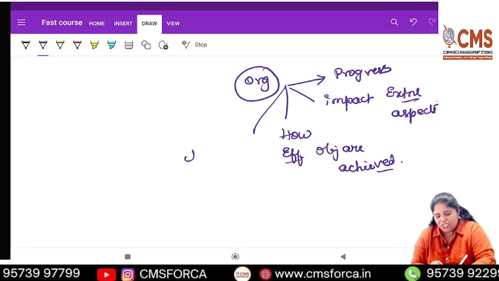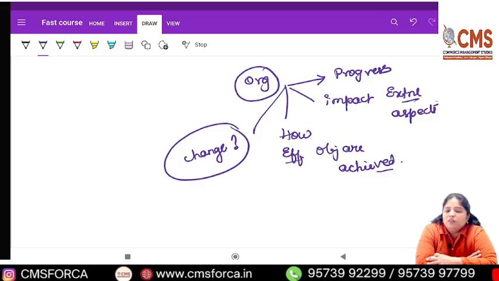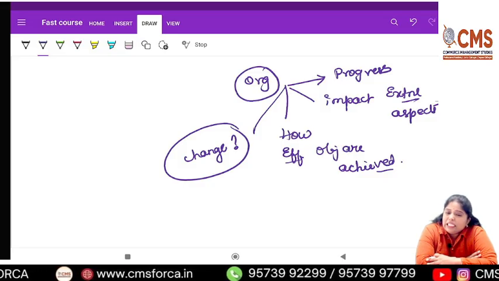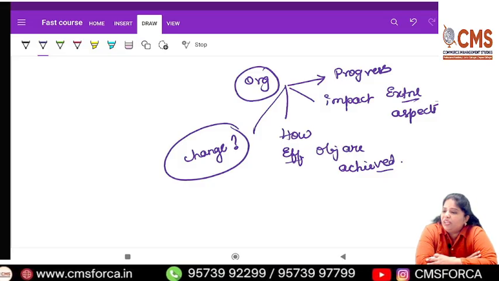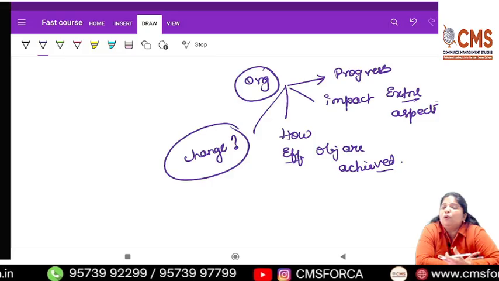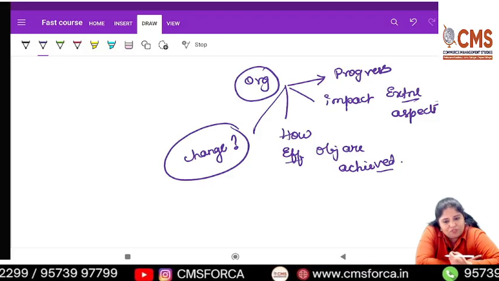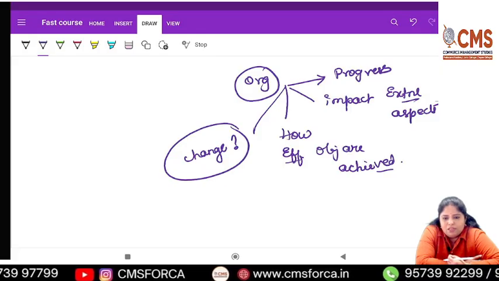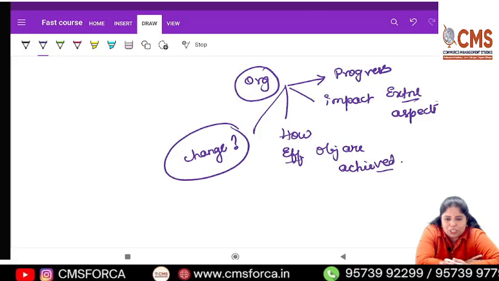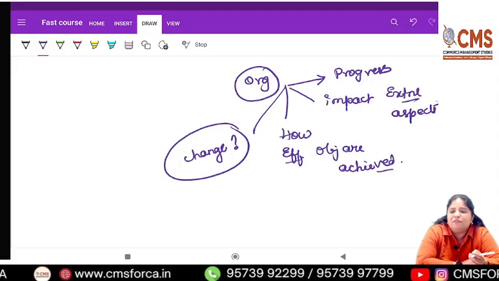And what change is observed. These factors help in evaluating. See, suppose, why do you evaluate? You are evaluating basically to identify some problems and make some necessary adjustments in your strategy so that strategy always goes very effective.